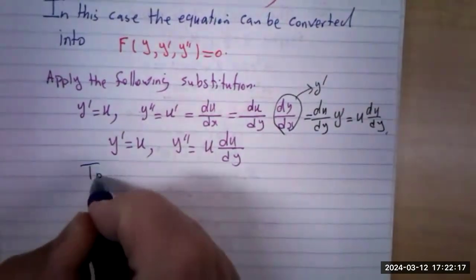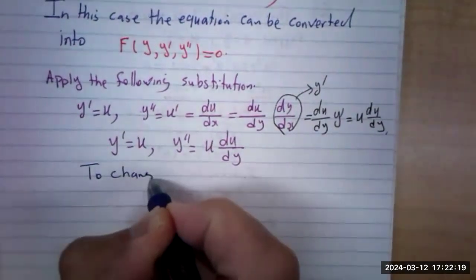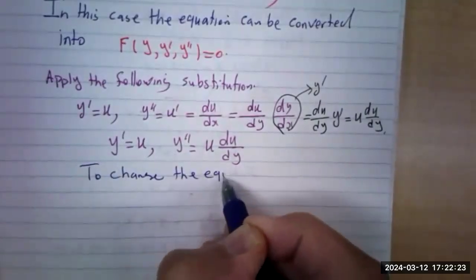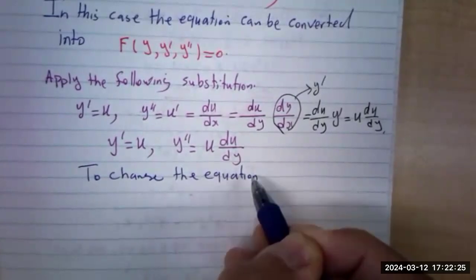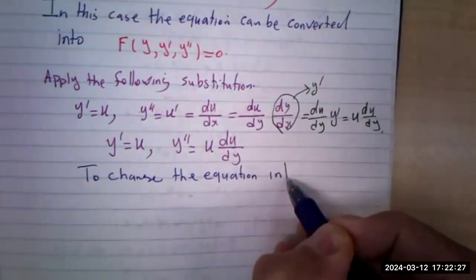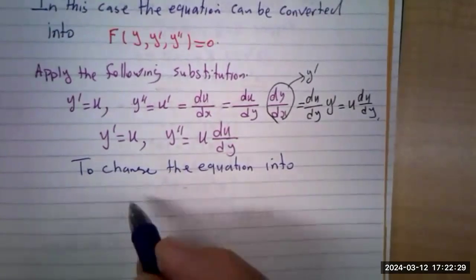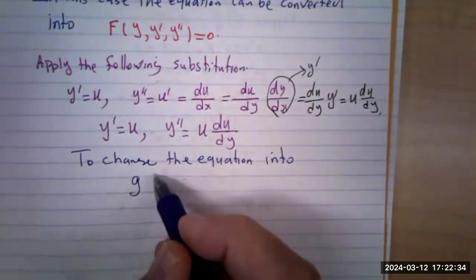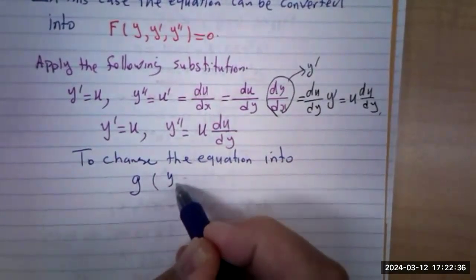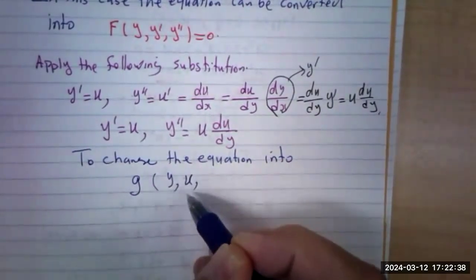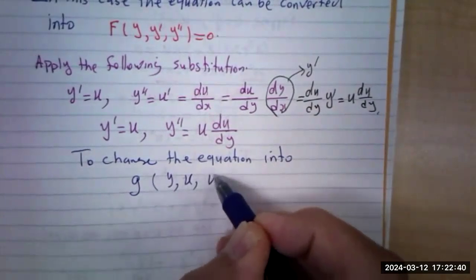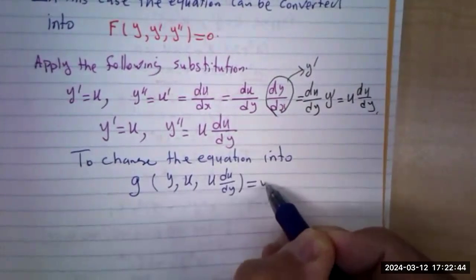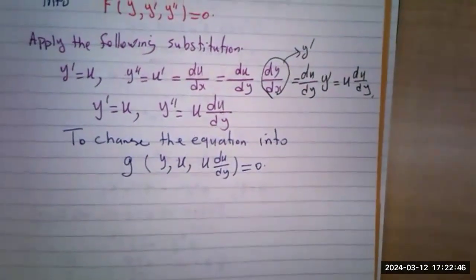The original equation becomes something we can call g, a function equation with the variable y, the variable u, and the differential du dy. Now it makes sense to be able to solve it.